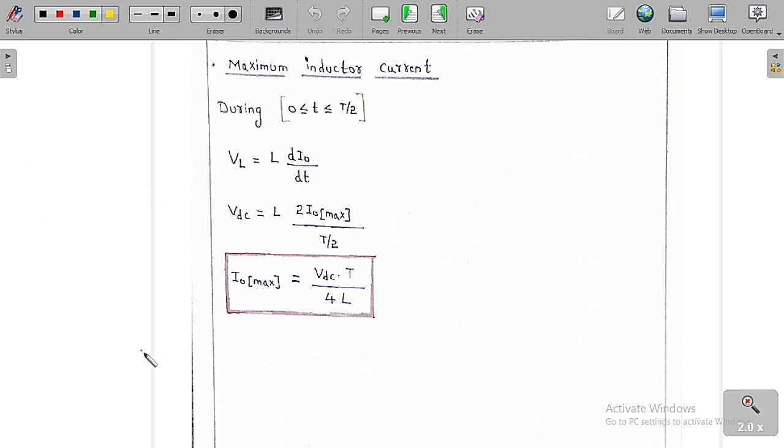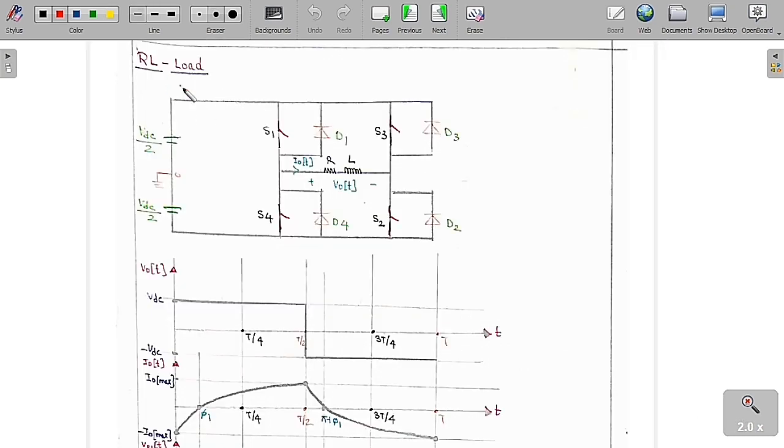And always remember one thing: the maximum value of the fundamental component of the output current is always lesser than the maximum value of the output current. Listen carefully. Always, the maximum value of the fundamental component of the output current is lesser than the maximum value of the overall output current. Now we are going to learn about the RL load.